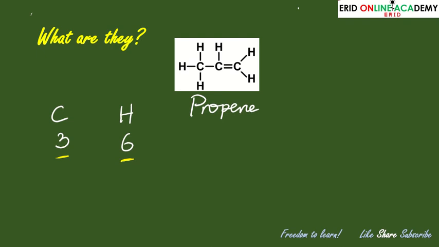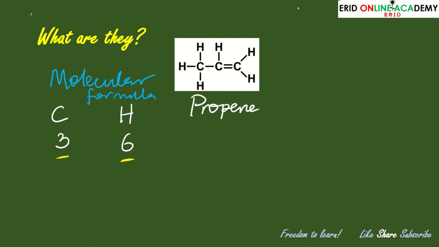So this kind of representation, this kind of formula that tells us the types and the actual number of atoms present in a particular compound, is called a molecular formula.